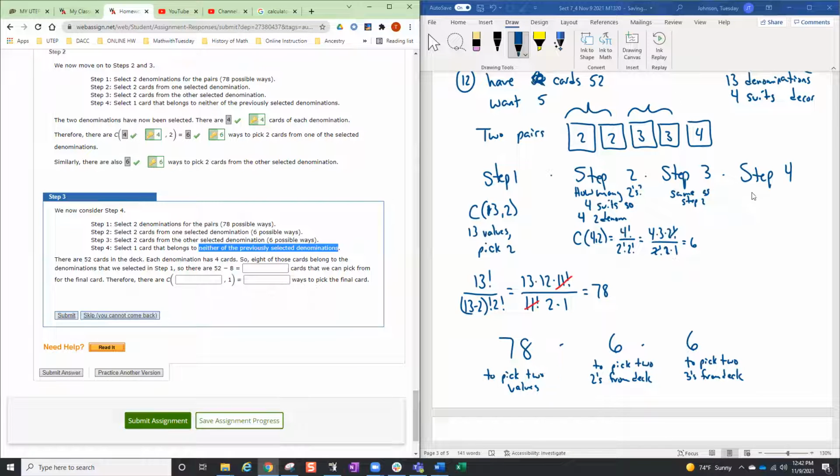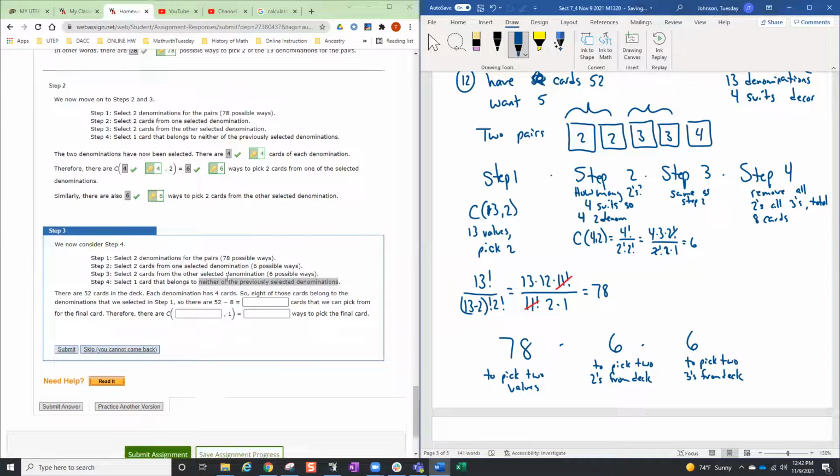So we remove all 2s and all 3s because we can't use any 2s and we can't use any 3s. Total of 8 cards. We know that this 5th card has to be different from our pairs. So we can't have any 2s, we can't have any 3s.